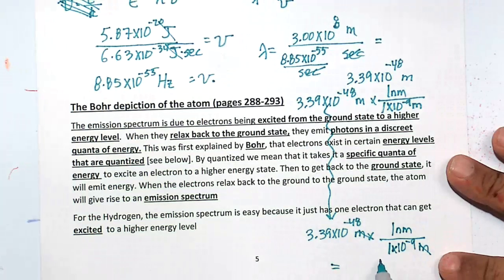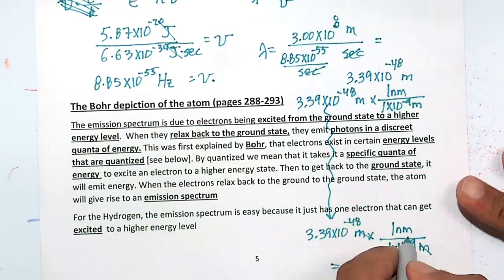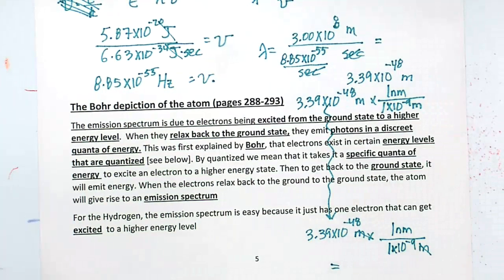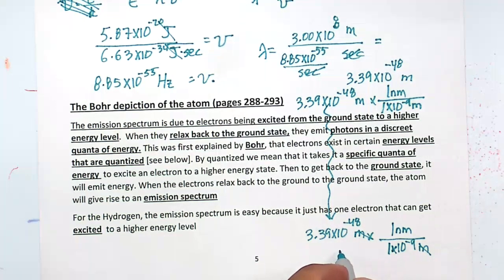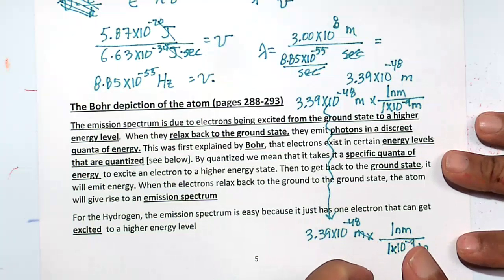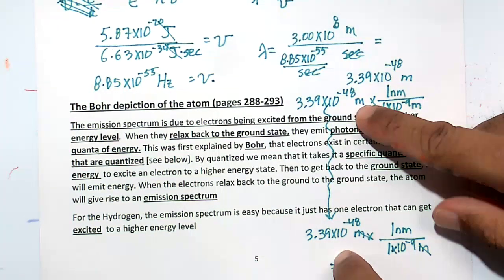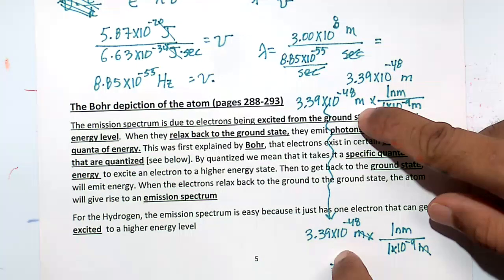So take this number and divide it by 1 times 10 to the minus 9 to get it in nanometers. Can you do that? 3.39 times 10 to the minus 48. Just converting the meters you gave me to nanometers.